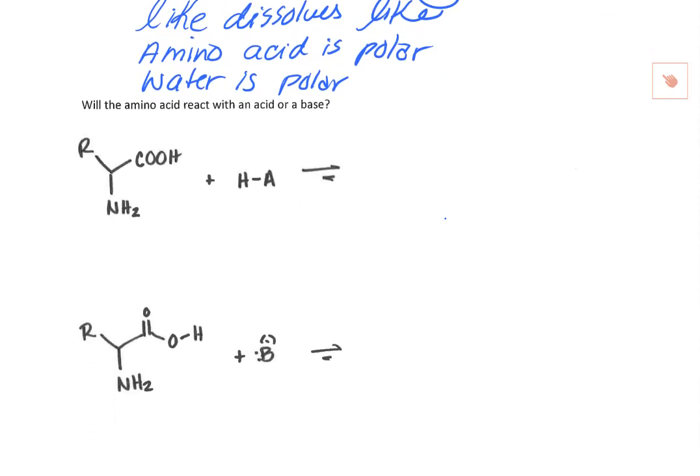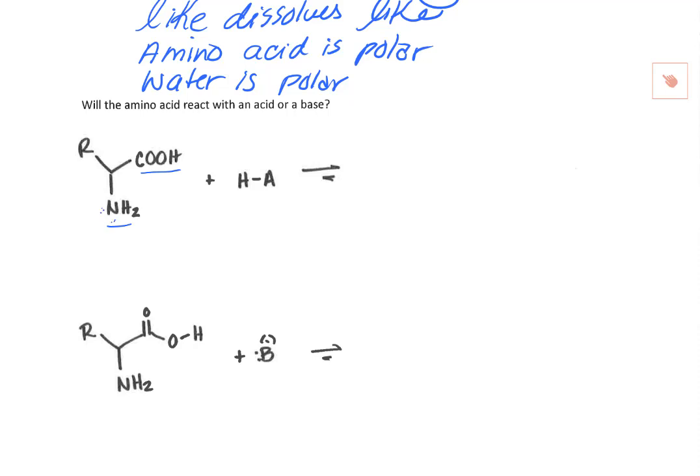So let's look at that amino acid and decide if it's going to behave as an acid or a base. If we have an amino acid that gets stuck with some HA, our general acid, we see that this COOH already is protonated, and our NH2 here is not.